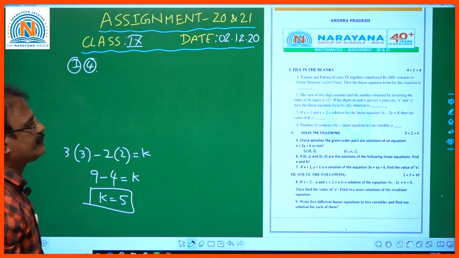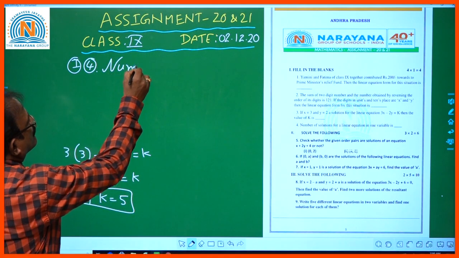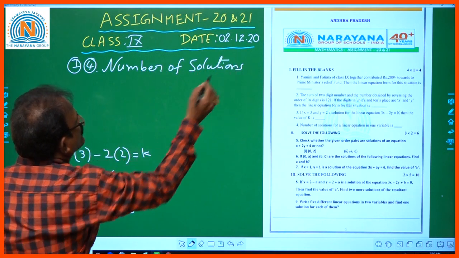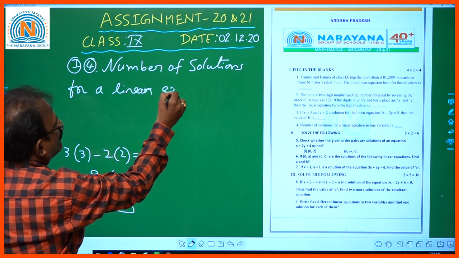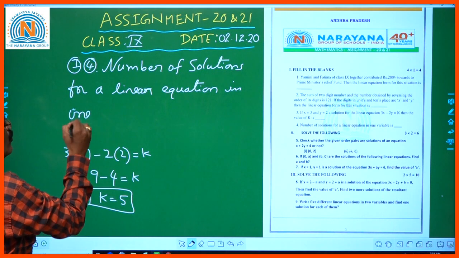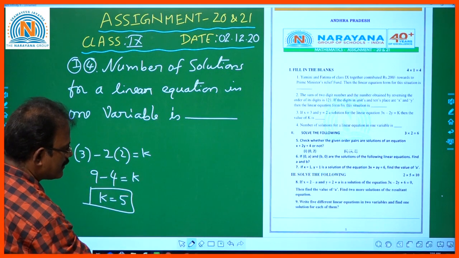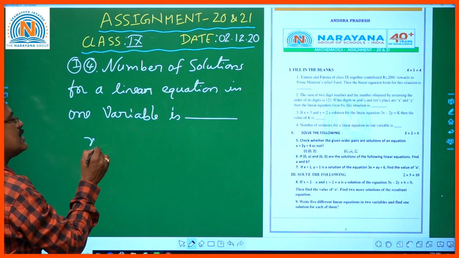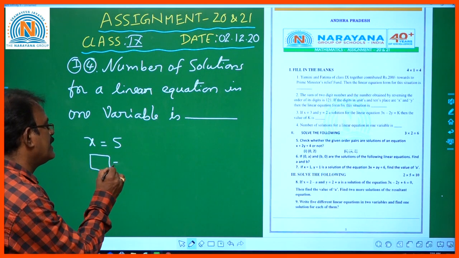Fourth one. Number of solutions for a linear equation in one variable is... Actually, children, for example, if you take x is equal to 5, x is like an unknown number, like an empty box.